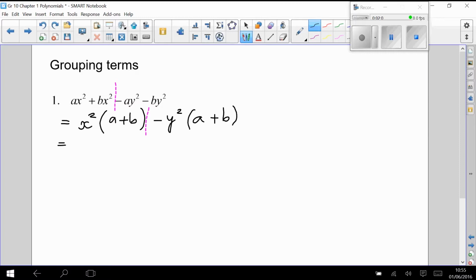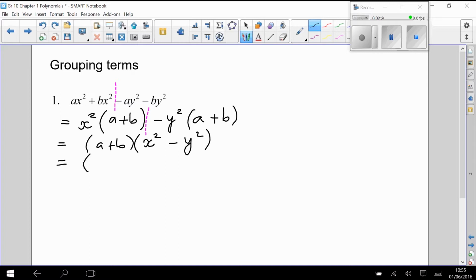Now looking between these 2 terms, because I've reduced my expression from 4 terms to 2 terms, I can see that there is a bracket common factor between the 2. The leftover factors after I took out that bracket factor of a plus b are going to be x squared from the left-hand side of the pink line and minus y squared from the other side.